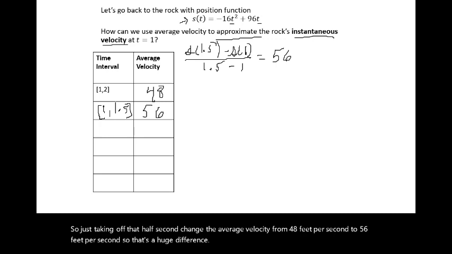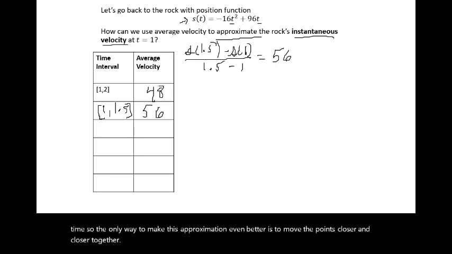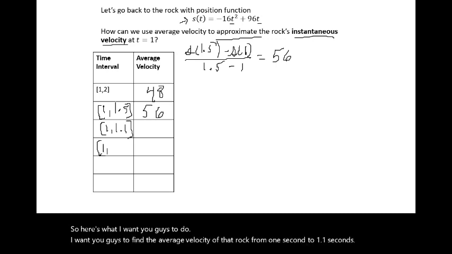I will say, though, that even that half a second for something that is moving this fast is still a lot of time. So the only way to make this approximation even better is to move the points closer and closer together. So here's what I want you guys to do. I want you to find the average velocity of that rock from 1 second to 1.1 seconds. And then find the average velocity from 1 second to 1.01 seconds.